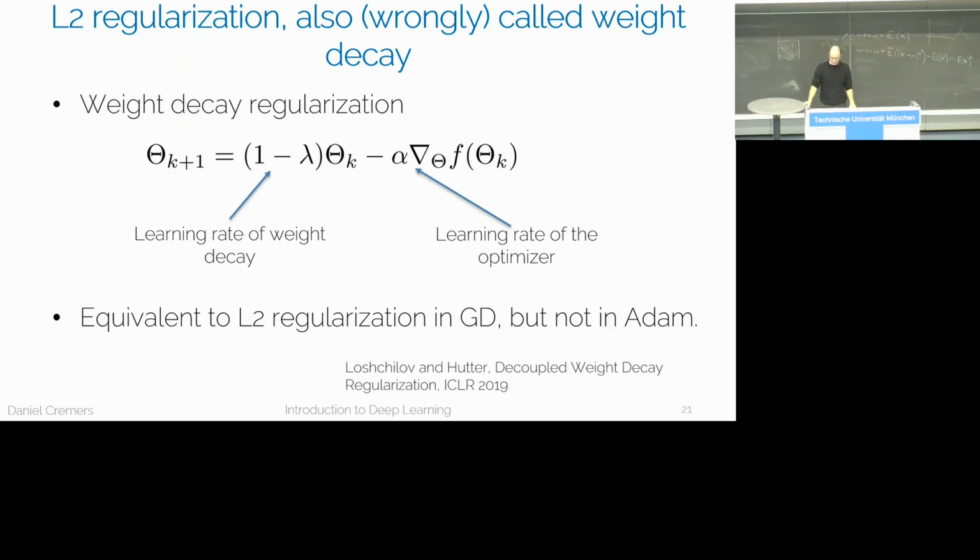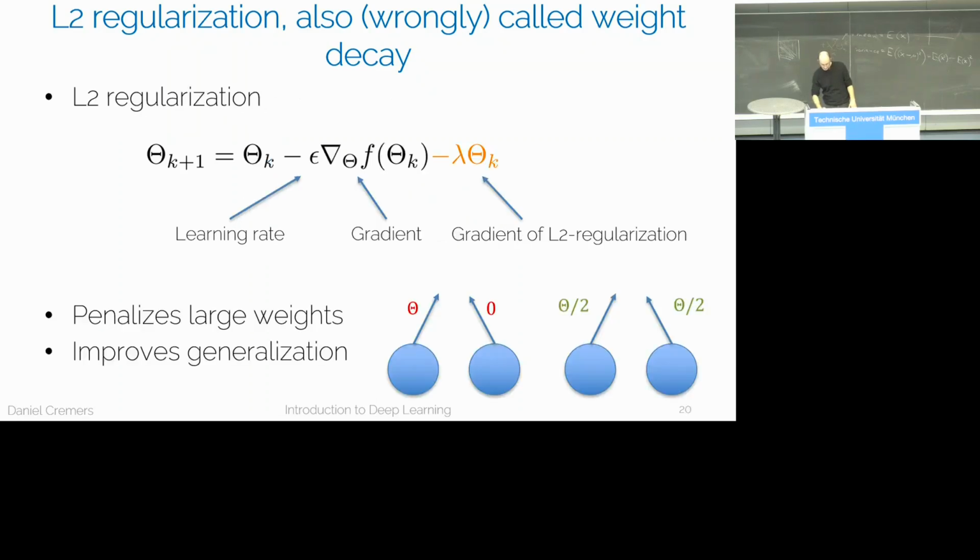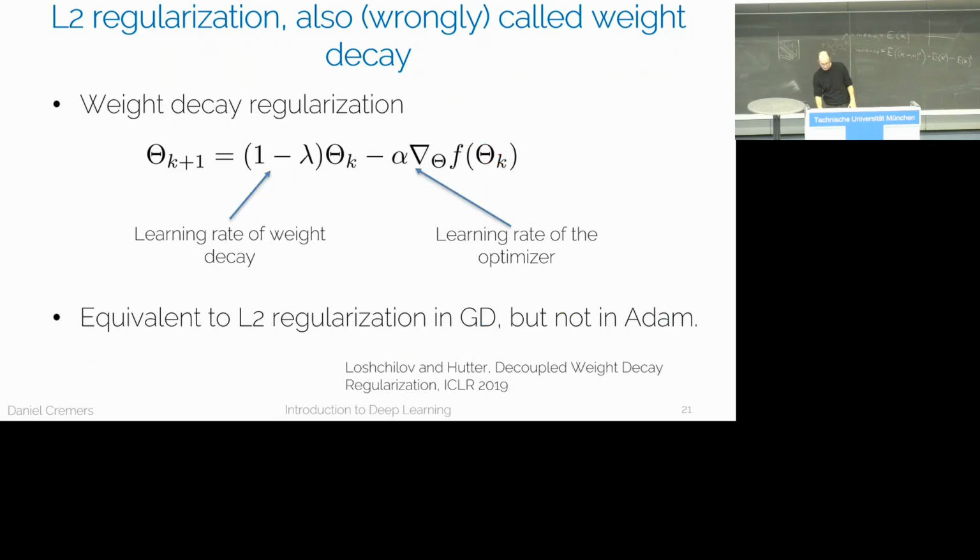That has also the property of reducing the size of the weights. And in fact, at a first glance, this so-called decoupled weight decay regularization that was proposed here is equivalent to L2. Because theta k minus lambda theta k is 1 minus lambda times theta k. It looks like it's the same here. And in fact it is equivalent to L2 for standard gradient descent.